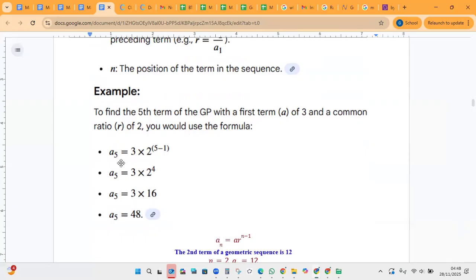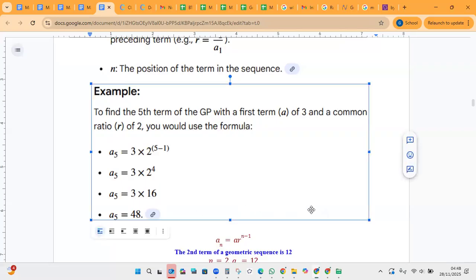So that is 3 times 2 raised to the exponent of 5 minus 1, which is 3 times 2 raised to the exponent of 4. We must find the exponent of 4 first before we multiply. 2 to the exponent of 4 is 16. So 3 times 16 gives us 48. So 48 occupies the fifth position in this example.